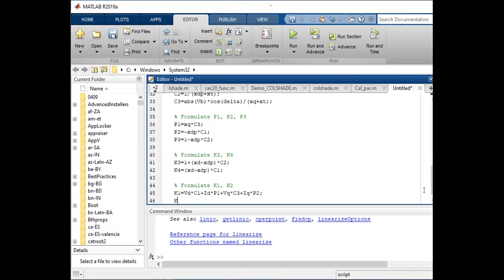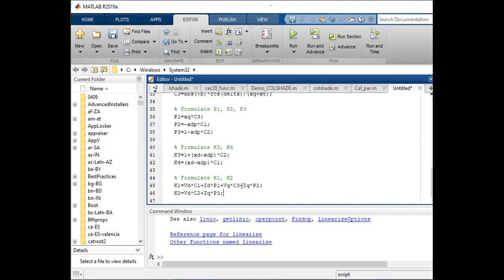So that is K1, and then we have K2: VD into C2 plus IQ into P3. So that is K1 and K2, K3 and K4.